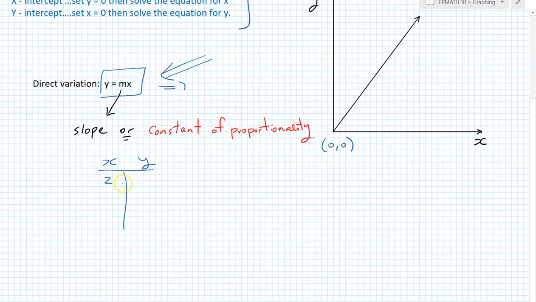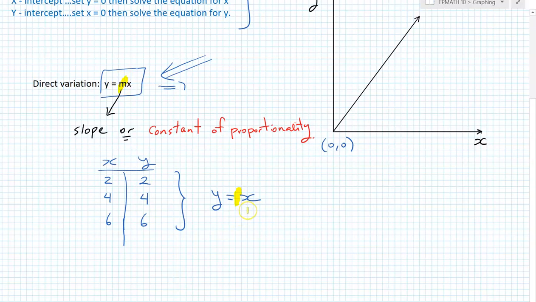So suppose I give you 2 and 2, next one 4 and 4, and next one 6 and 6. You can quickly realize that the equation of this will be y equal to x because they're all the same. So the slope, that's the slope m, is 1.